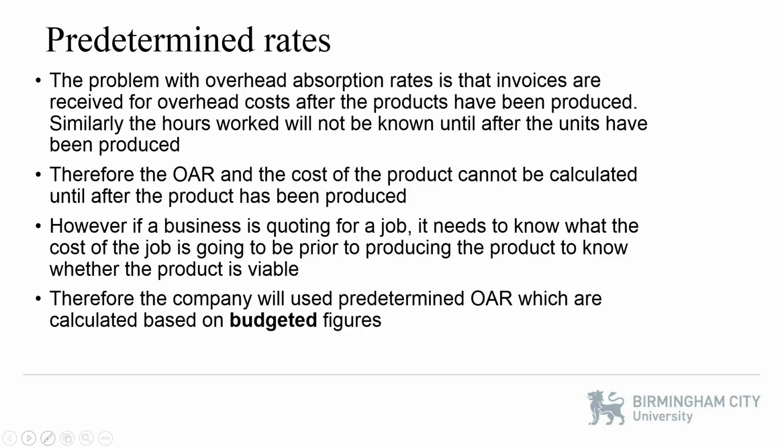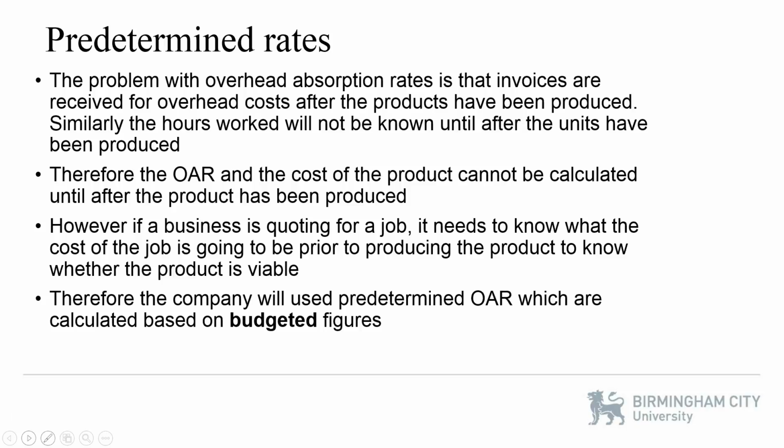Now, we know then that we need to have an overhead absorption rate so that we can add an amount of overhead to our prime cost to give us the total cost of the product. However, because overheads very often are invoiced on maybe a monthly basis or a quarterly basis, we may not know what our overhead cost is until after we've produced the product.